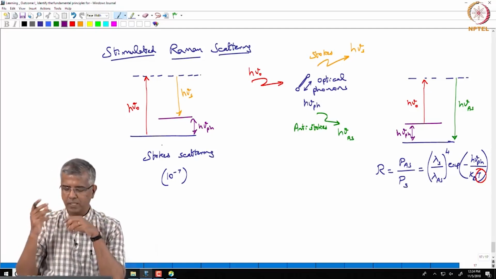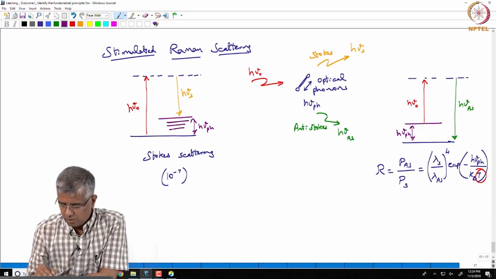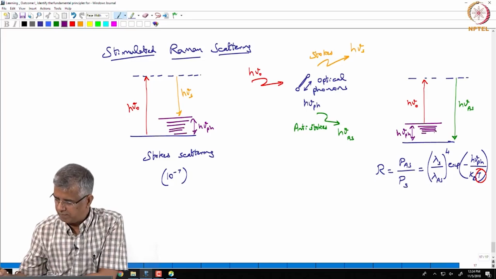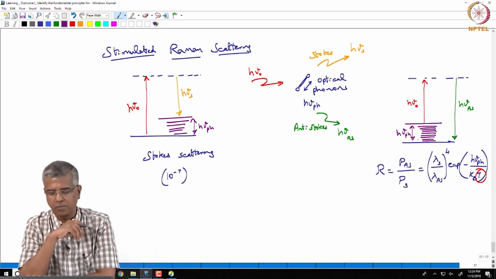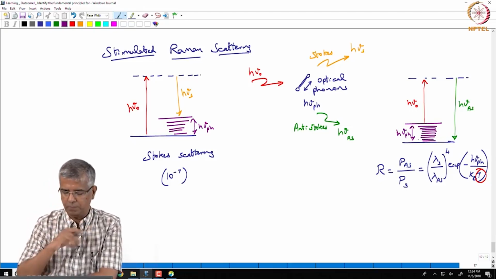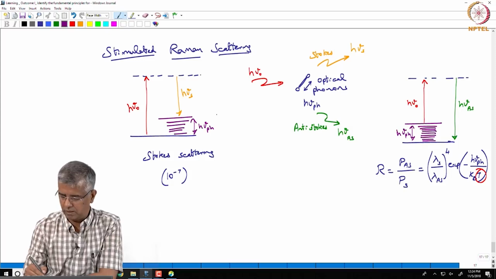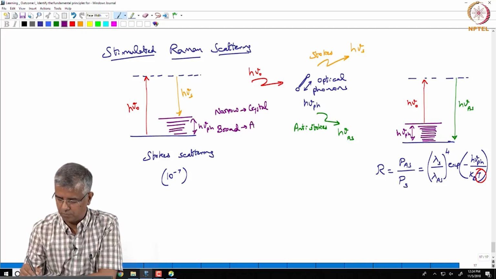But if it is an amorphous material, the phonon energy will have multiple energy levels, so it will be relatively broad in nature. So what I am saying is this phonon energy spectrum is narrow for crystals, and rather broad for amorphous material.